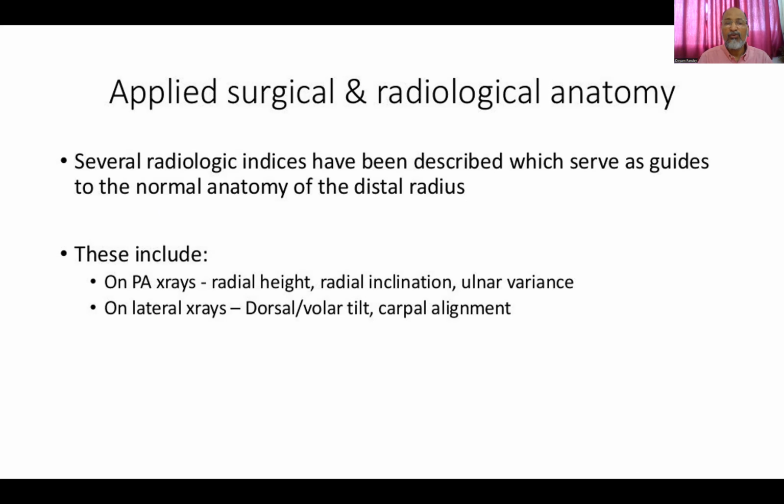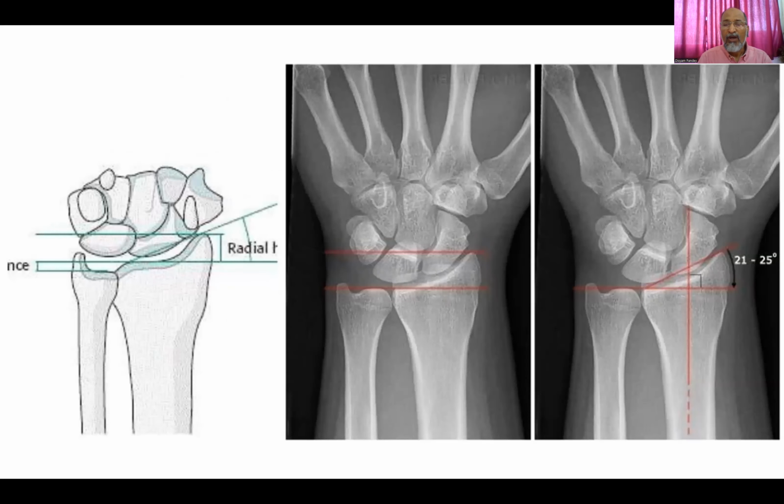On the PA view of the wrist or the distal end of the radius, you have radial height, radial inclination, and ulnar variance. On the lateral X-ray, you have dorsal or volar tilt and carpal alignment. All these have a bearing on the reduction.